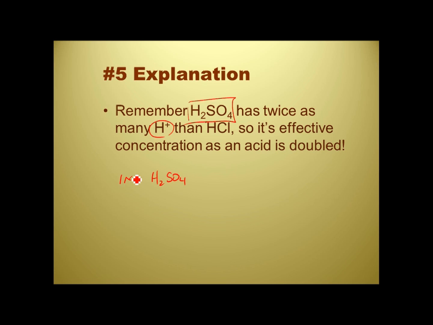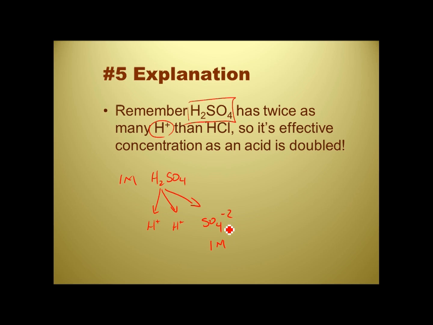If I had 1 molar H2SO4, that means I've got 1 mole's worth of 2 hydrogens and 1 sulfate in solution. But when I put this in solution, it ionizes completely because it's a strong acid. So I get hydrogen ions and a sulfate ion. What are my concentrations for my ions? Well, I've got 1 molar sulfate, because there's 1 mole per liter of sulfate.